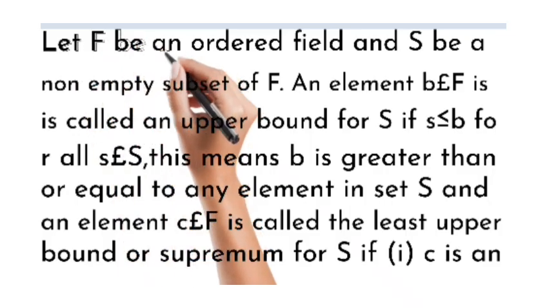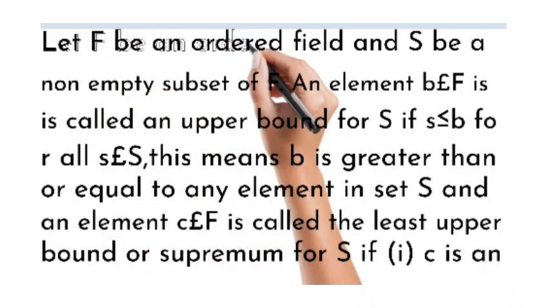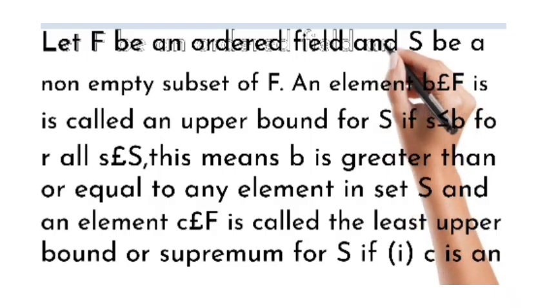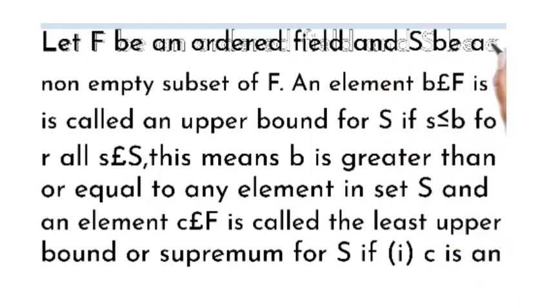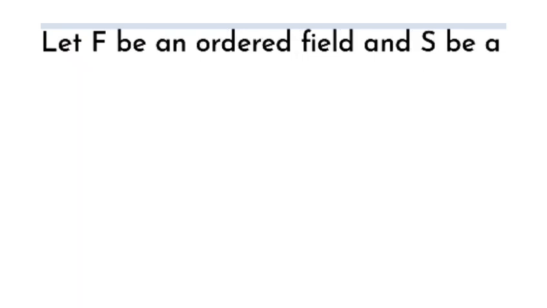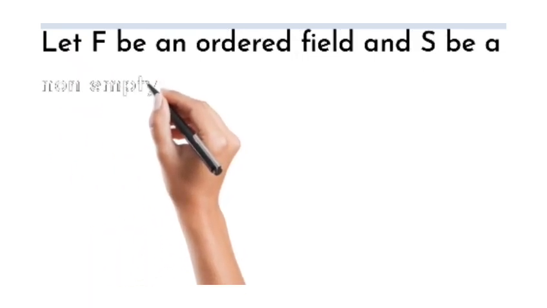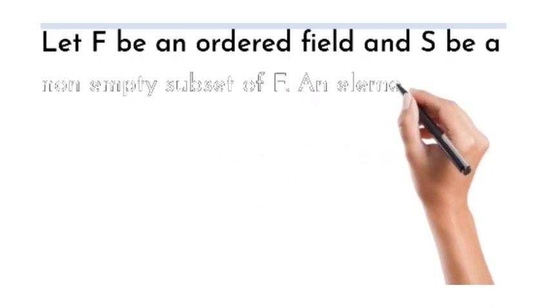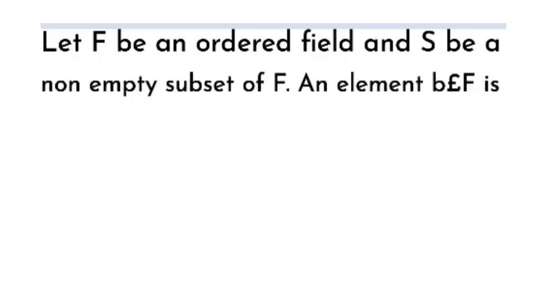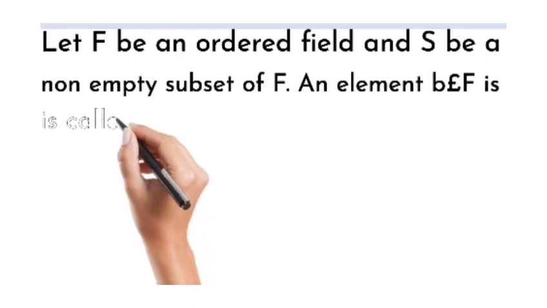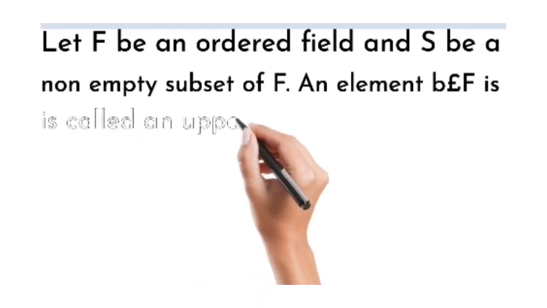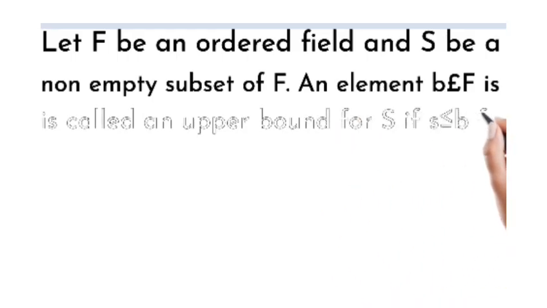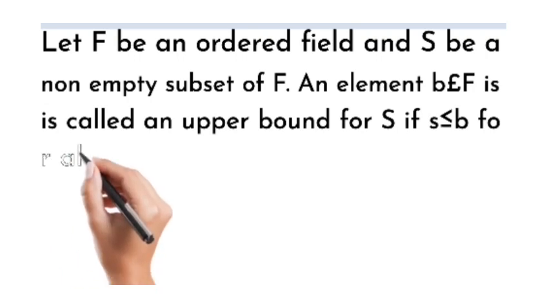Let F be a field and S be a non-empty subset of F. An element P in F is considered to be an upper bound for S if every element s of S is less than or equal to P, that is, the upper bound must be greater than or equal to any other element in the set.